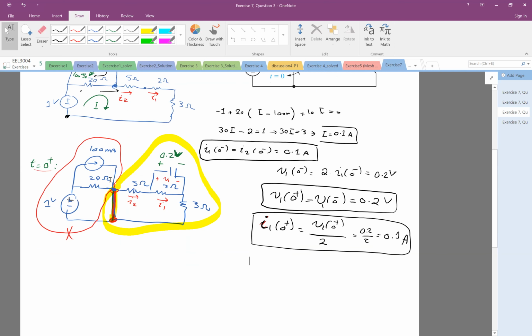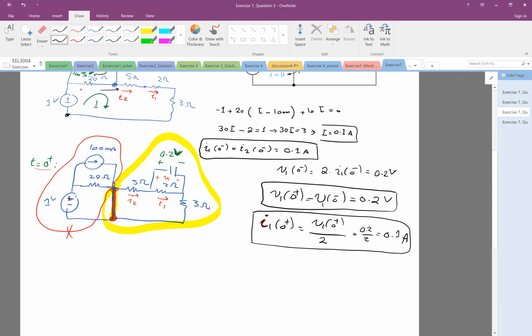To find I2, we can do a KVL. So to find I2 at 0 plus, let's do a KVL. 5 times I2, and then the voltage here is the voltage, so plus 0.2 volts, and then plus 3 times I2, because the current is still I2, since they're connected.